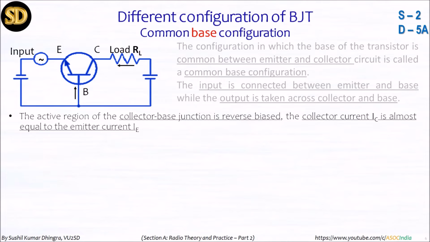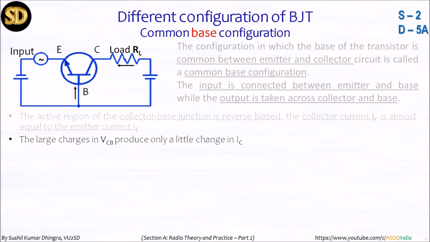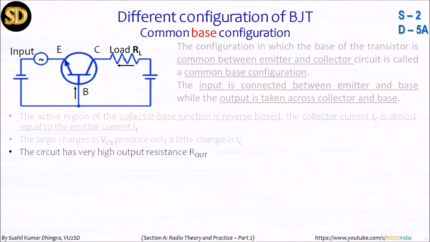The active region of the collector base junction is reverse biased. The collector current IC is almost equal to the emitter current IE. A large change in VCB, the voltage between collector and base, produces only a little change in IC, the collector current. The circuit has very high output resistance, R out.